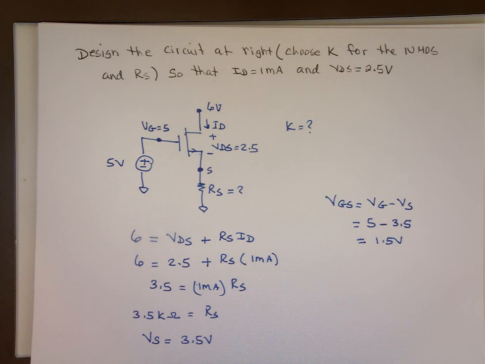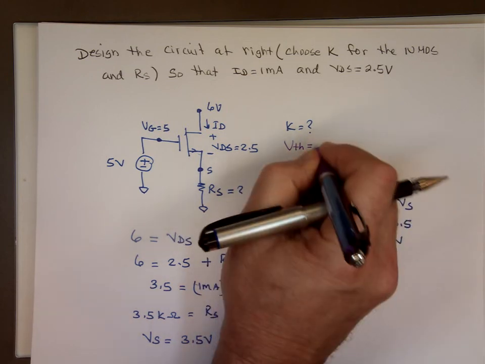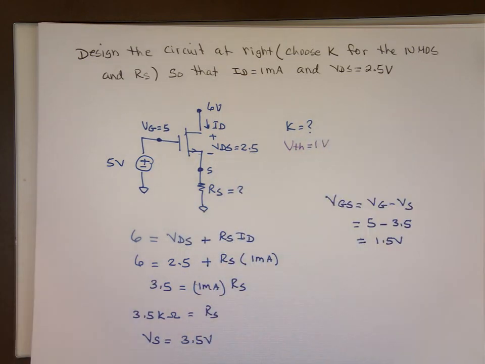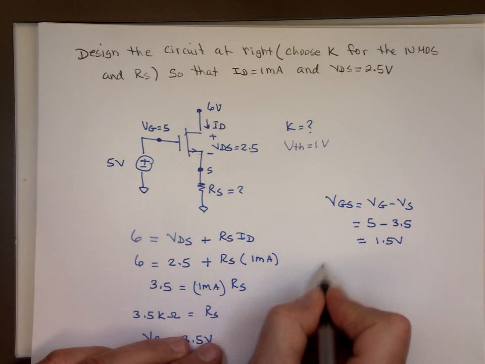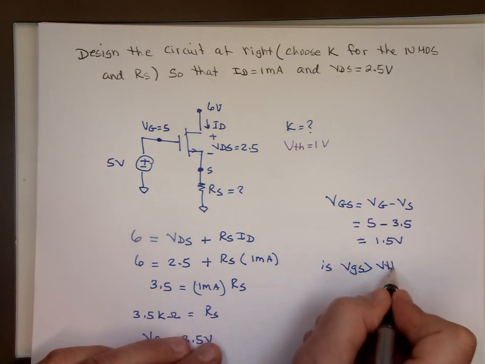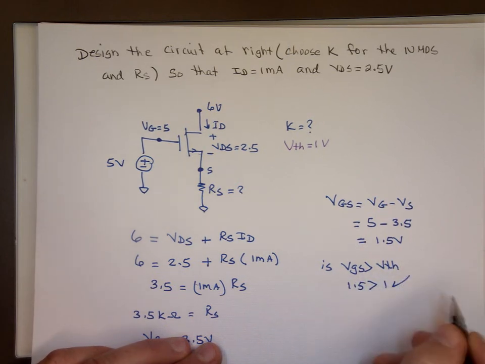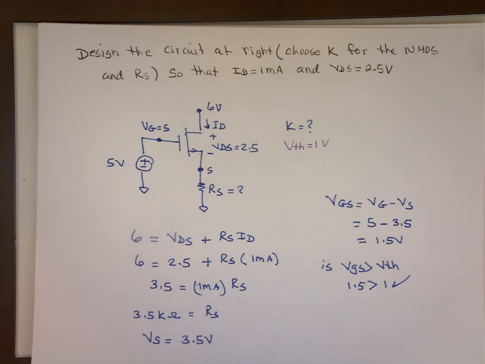I forgot one thing to give you in this problem, that the threshold voltage, you get that from the data sheet, the threshold voltage is 1 volt. I forgot to write that. So let's see what mode we are in. Is VGS bigger than the threshold voltage? That's 1.5. Is that bigger than 1? Yes. So that this NMOS is actually on. But is it ohmic or is it saturation? Let's see if it's saturation.